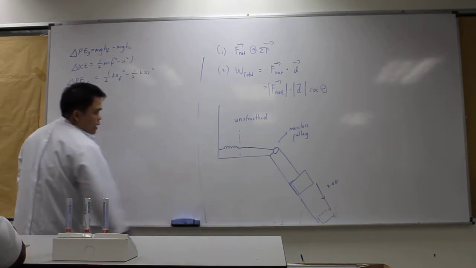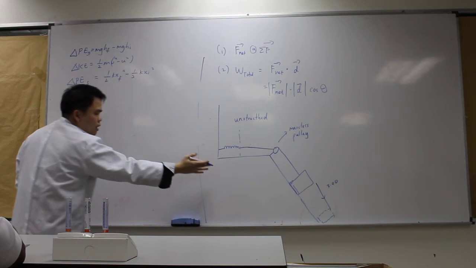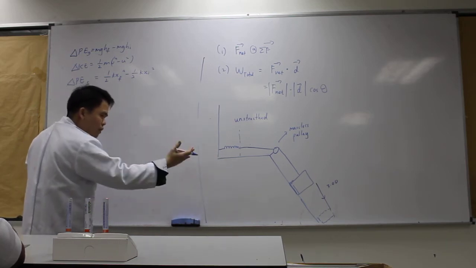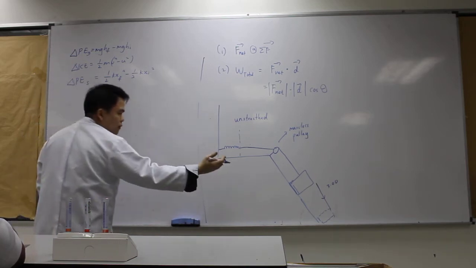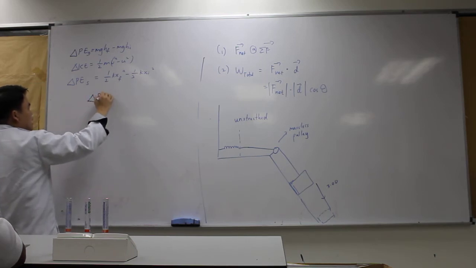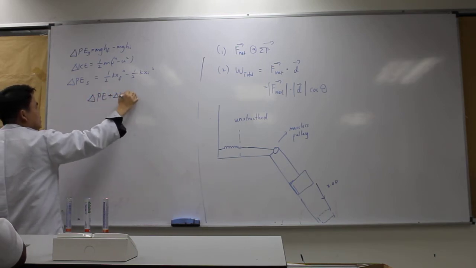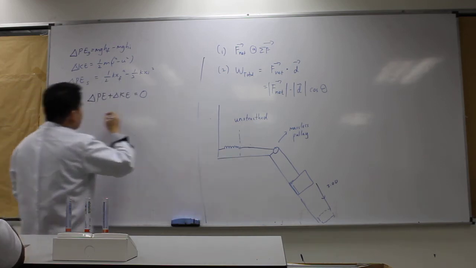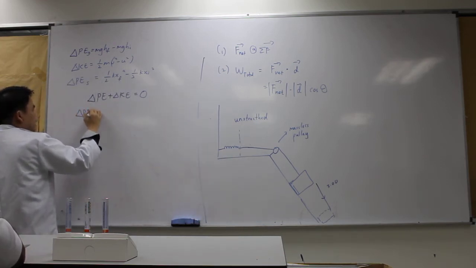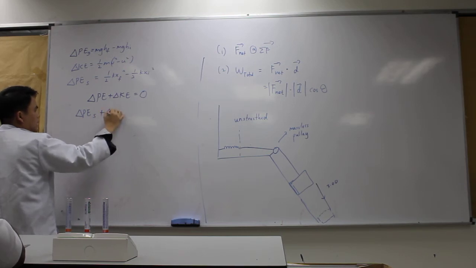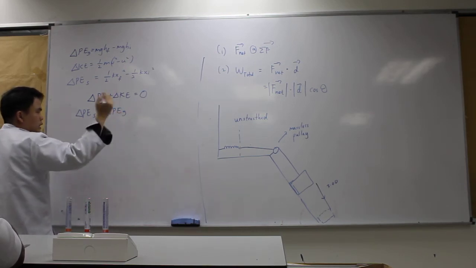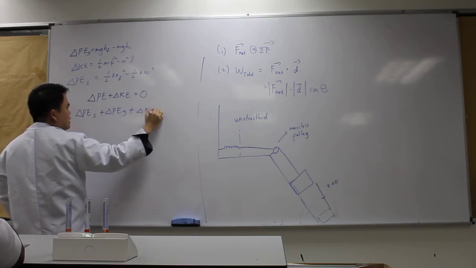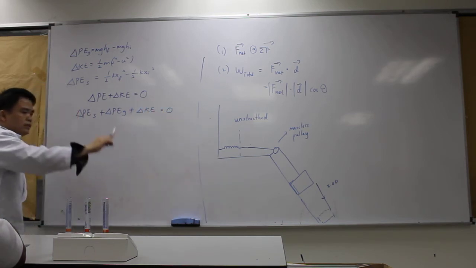Let's say this is all the ideal case, no additional force, no frictional force, then I can use delta PE plus delta KE equals 0. Then I say delta PE S because there's a spring, plus delta PE G because of gravity, plus delta KE equals 0 for the whole system.